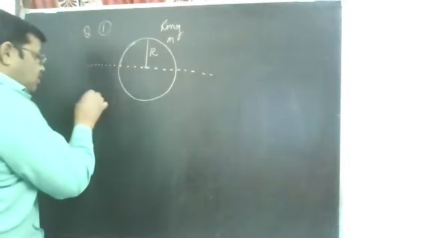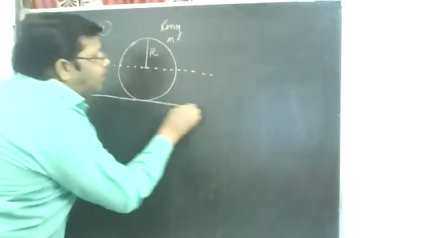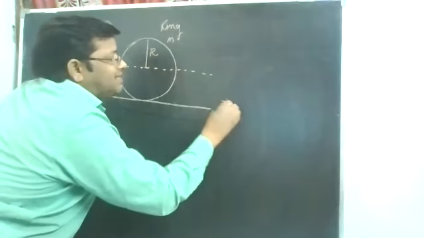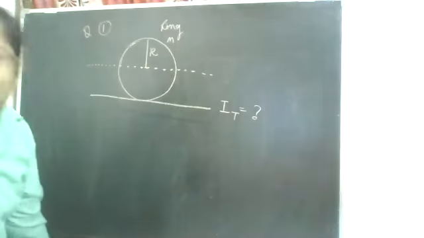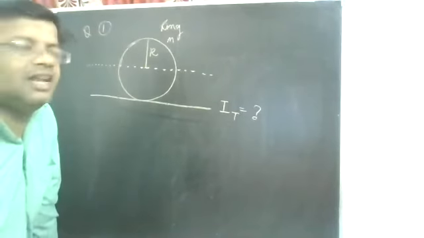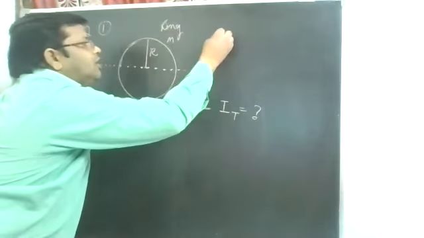Now, you have to determine the moment of inertia of this ring about the tangential axis. What is the question here?